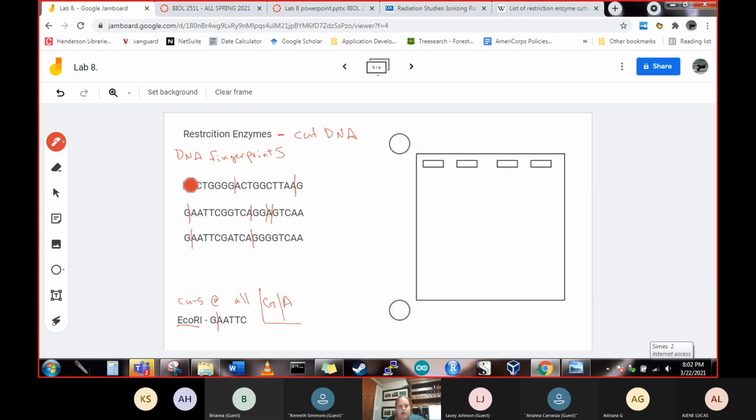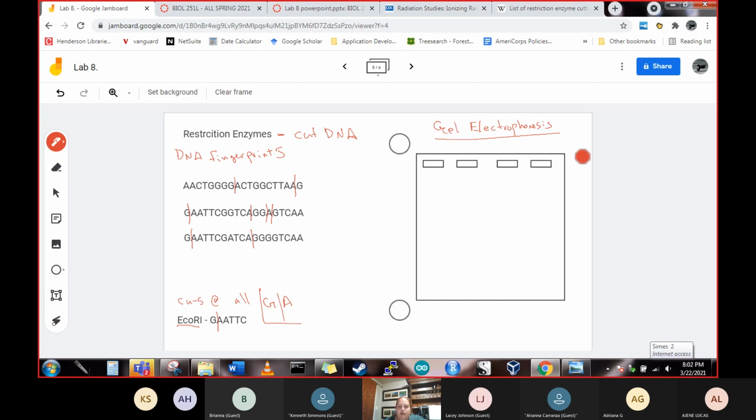For this top one, once we get the DNA cut up, we would run it on a gel electrophoresis, and it would look a little bit like this.